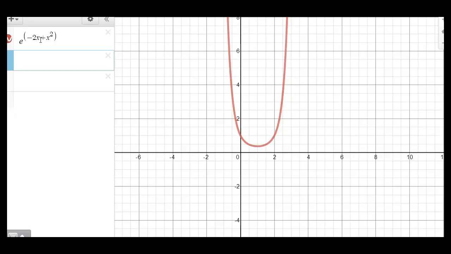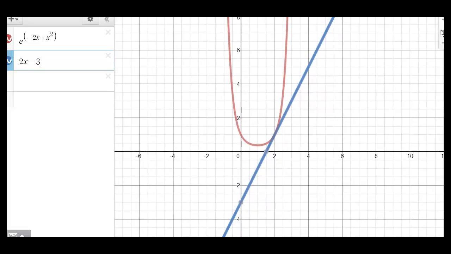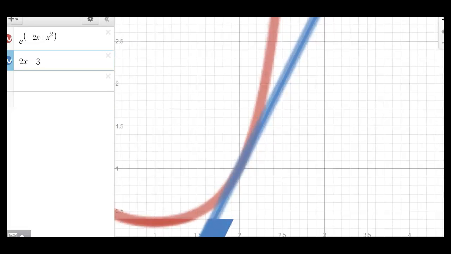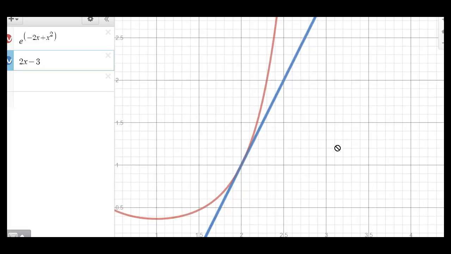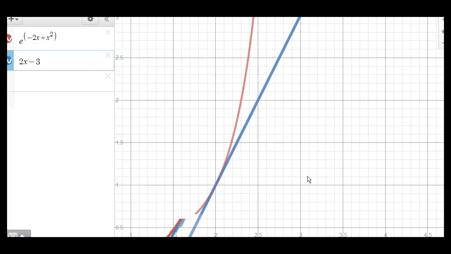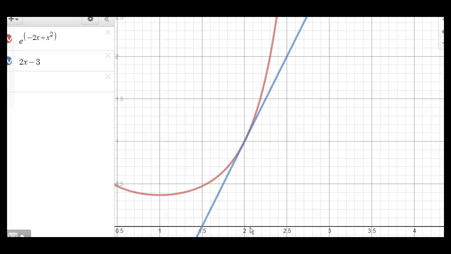Okay, so there's our function. Now I'm going to graph the line y is equal to 2x minus 3. And now if I zoom in at this spot right here, sure enough, it looks like at 2 we have found our tangent line.